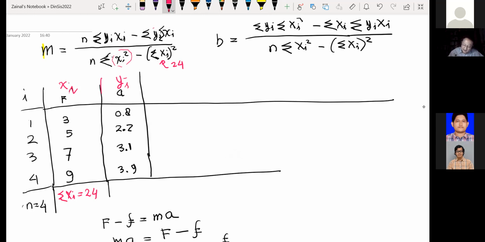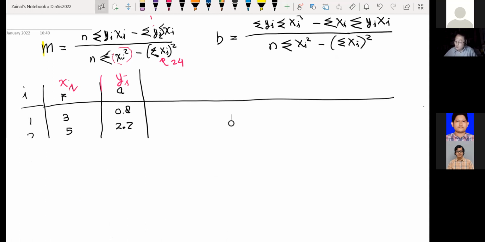Sigma yi. Sigma yi is equal to this one. Just add this one. This one becomes 3. Right? Sorry, this one 3. 6.1. Or this one become 7. 7 plus 3. So this one become 10. And sigma y is this one.